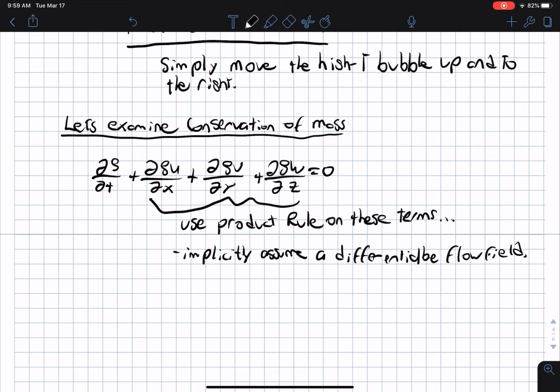So basically we are assuming that the products rho u, rho v, and rho w are smooth and differentiable. That is not always the case. This is not true if you have shock waves.